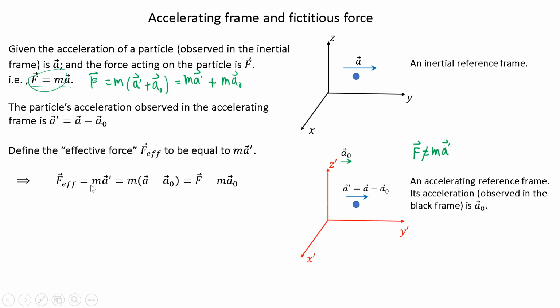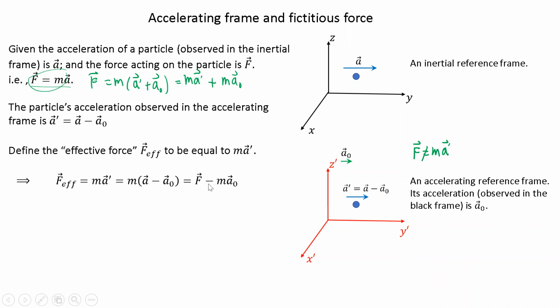So this F effective equals m a prime, and that has to be equal to m times a minus a naught. The first term, m a, you know is the original F, and the second term is minus m a naught. So from here, you see that this F effective will be equal to the real force minus the term.